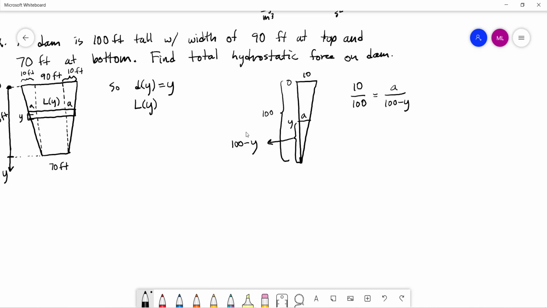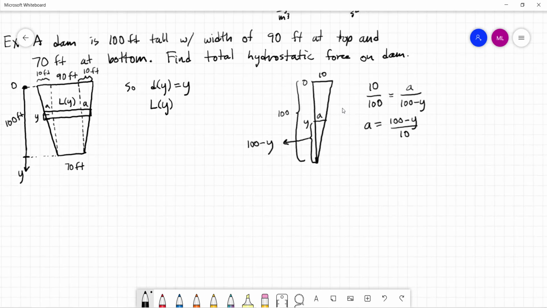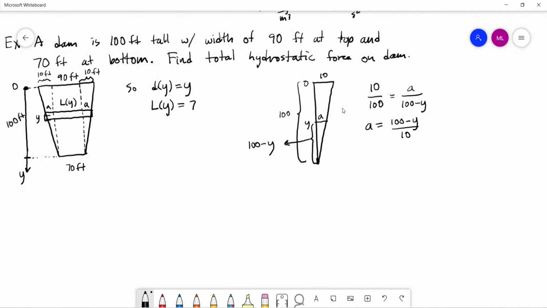We can cross multiply, multiplying both sides by 100 minus y, and this simplifies to 1/10, so we get 100 minus y over 10 when it's all said and done. So I just need to add 2 of those to 70. My total length is going to be 70 plus 2 times 100 minus y over 10.